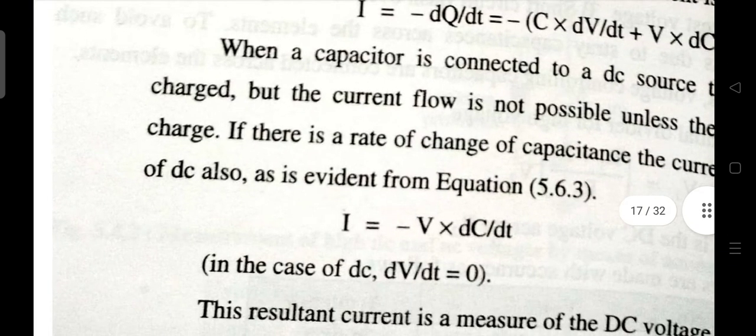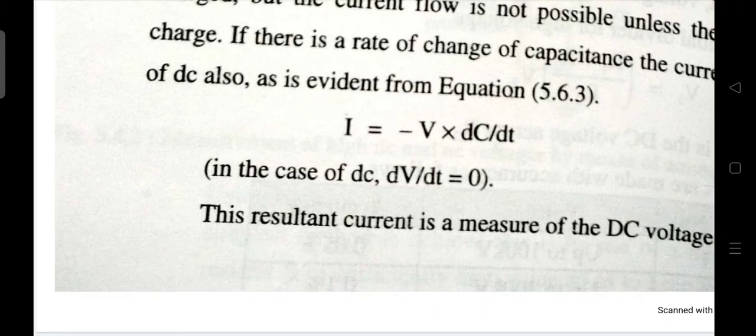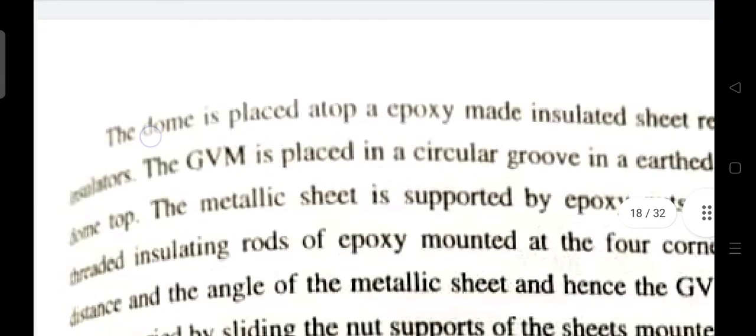So we can also say that I equal to minus V into dC by dt, where dV by dt we put as 0 due to no change of voltage. So this resulting current is a measure of the DC voltage under test. The dome is placed atop an epoxy insulated sheet resting over a cylindrical insulator.